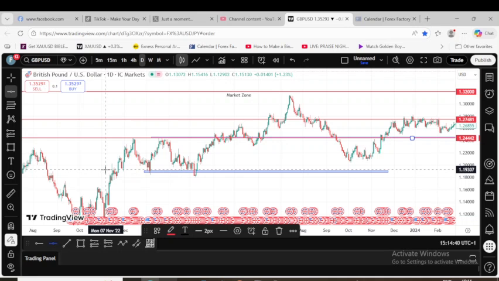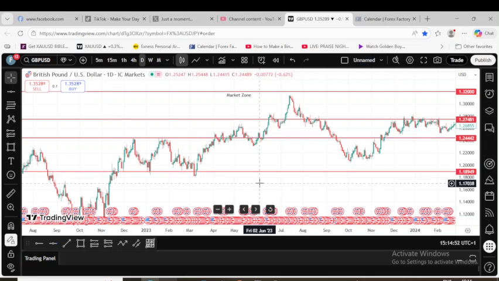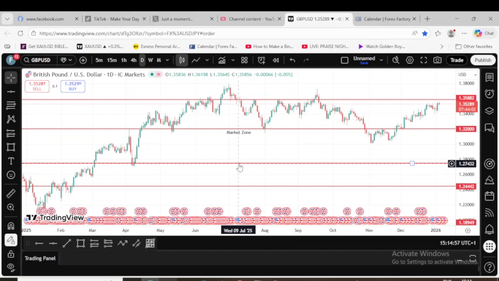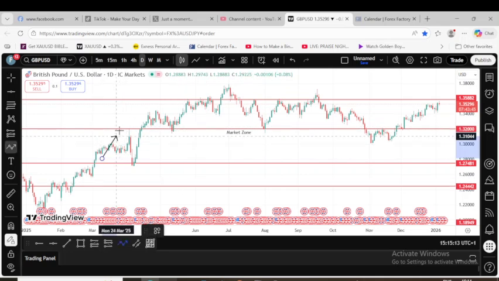So what is it that makes a region not considered a market zone? Well, obviously, if you cannot find a region where price has found support multiple times, resistance multiple times, or support that turns into resistance, such as here, you can see resistance which became support.